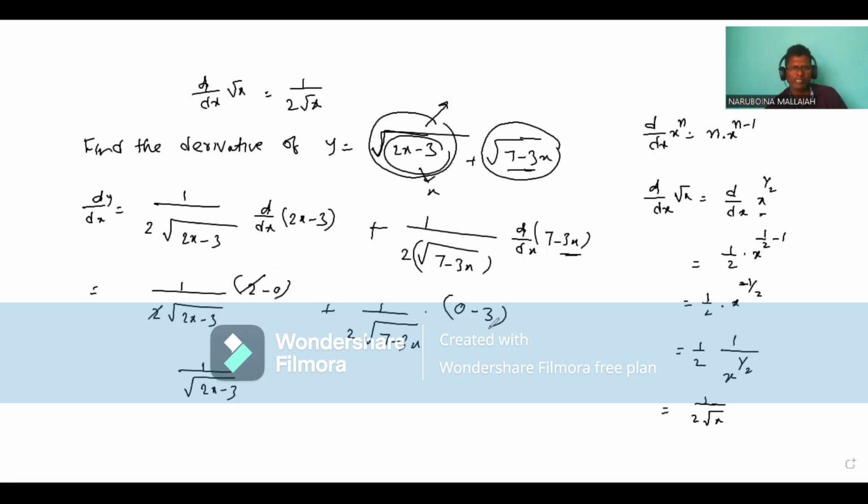Here plus 0 minus 3 is minus 3. Plus into minus, minus 3 by 2 into square root of 7 minus 3x. This is the required differentiation. So dy by dx is equal to 1 by square root of 2x minus 3 minus 3 by 2 into root of 7 minus 3x.